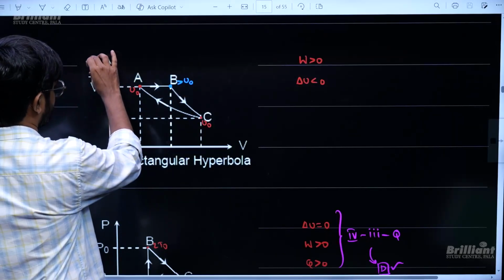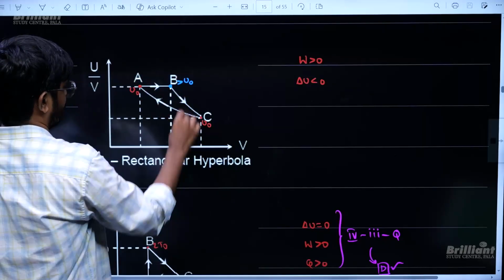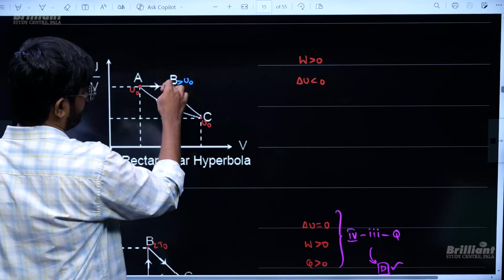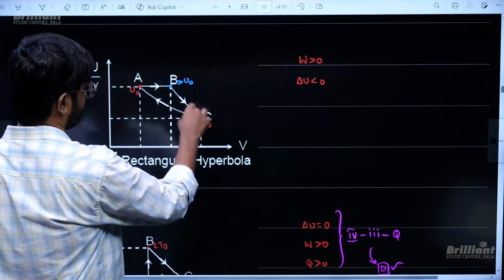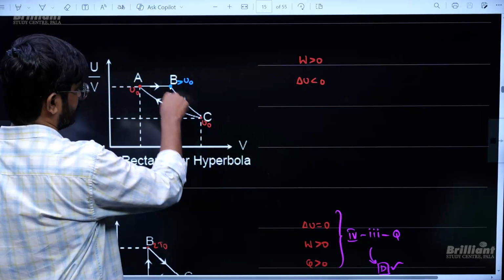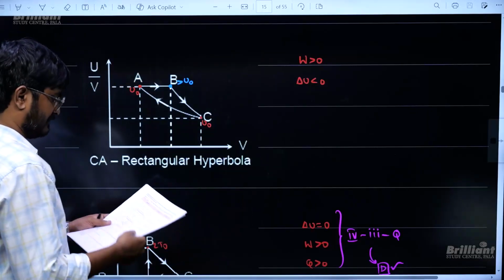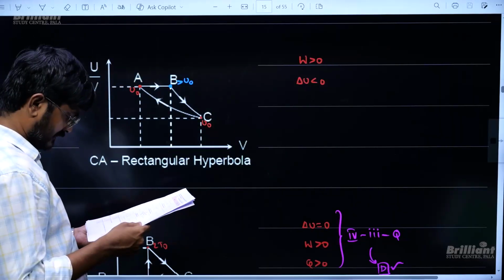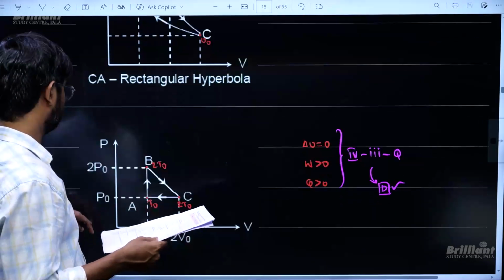If volume is increasing, U should be increasing. So internal energy here is greater than U naught. From here to here, it is decreasing, so delta U is negative, and from here to here, volume is increasing, so work done is positive. And I think anyway we need it to be positive, so we can't talk about the values of their summation.